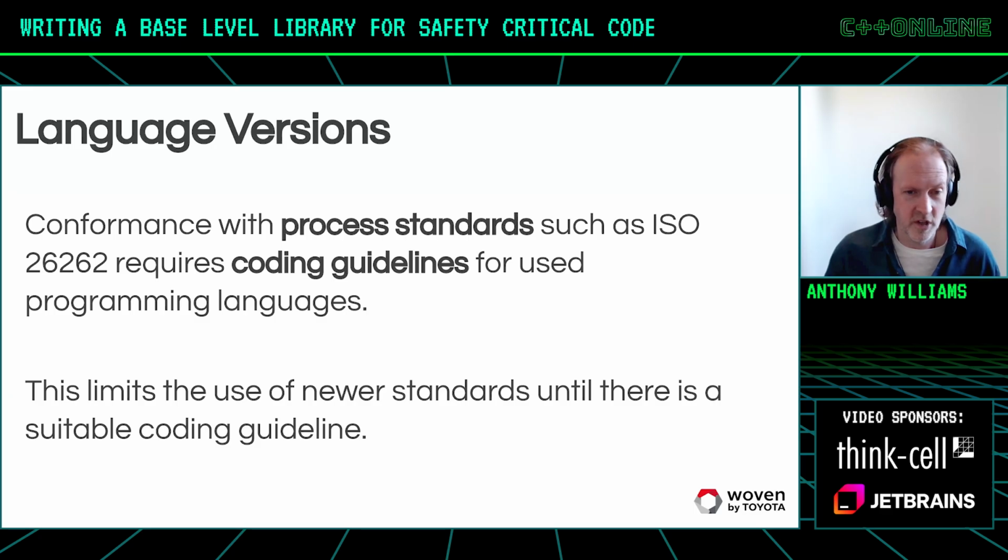You do have the option of writing the coding guideline yourself. So you could say, yes, we're going to use C++23 today, and we're going to write a coding guideline for it. But then that means you've got to argue for each and every language feature. You've got to argue why it's safe, why you put whatever restrictions you have on things. And that's a lot of work.